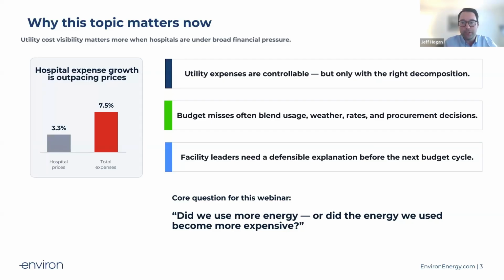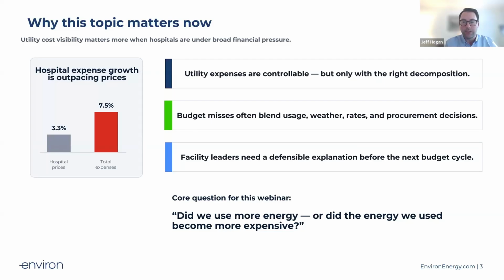It may be usage, it may be weather, it may be demand, it may be the supply contract, it may be a delivery rate, it may be a change in your capacity or transmission charge. Or again, ultimately that original budgeted assumption was too simplistic for the way that the hospital operates.